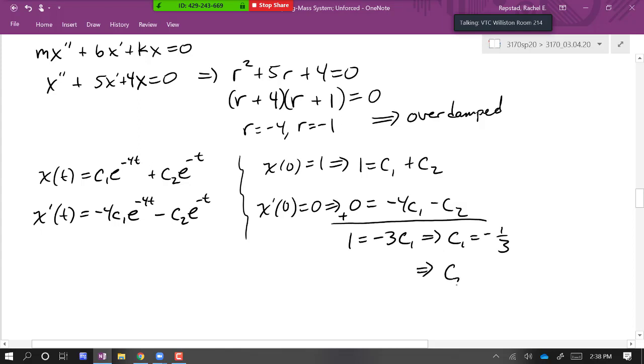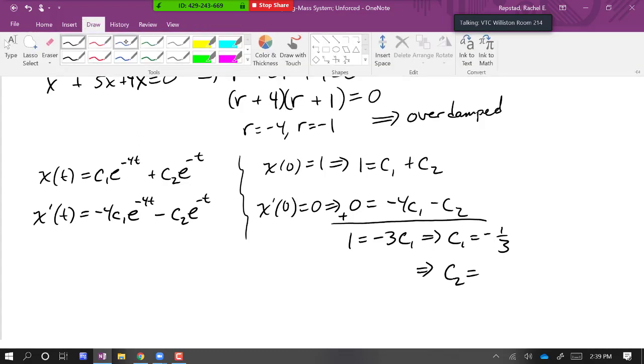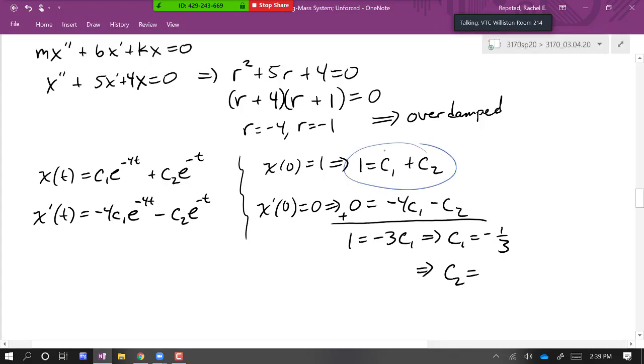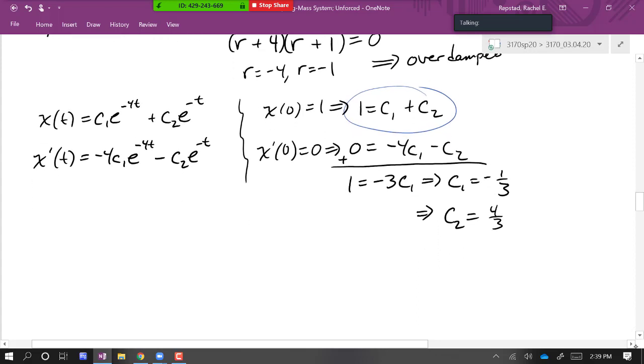And that means that C2, if I use the top equation here, if C1 is negative 1/3, C2 has to be 4/3. And we get our solution: negative 1/3 e to the minus 4t plus 4/3 e to the negative t.